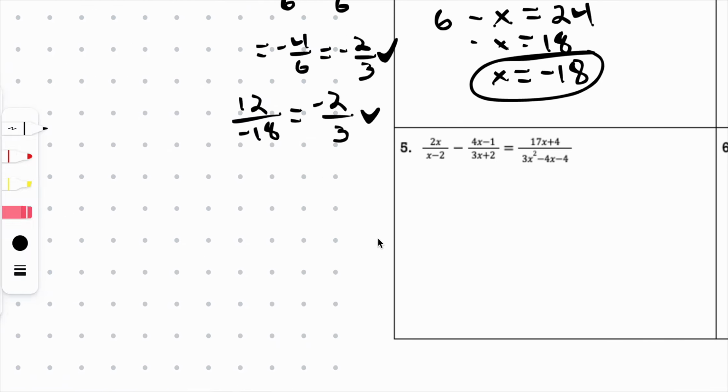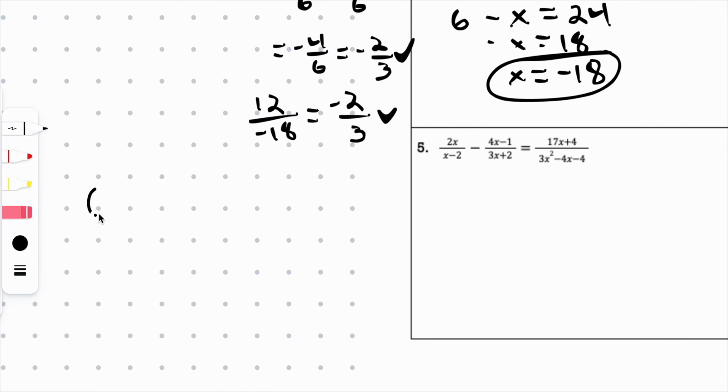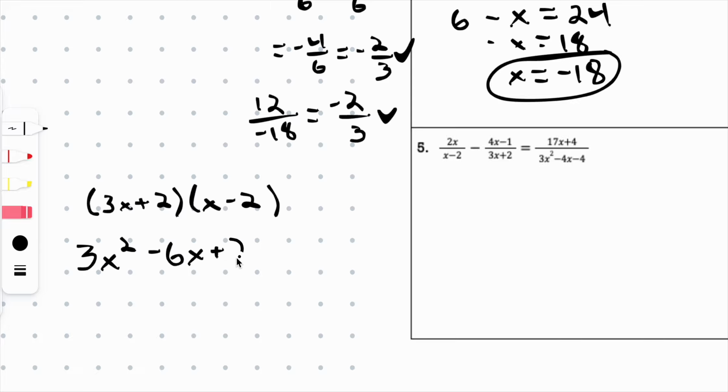Let's just check that. When we multiply 3x plus 2 times x minus 2, 3x times x is 3x squared. And then 3x times -2 is minus 6x. 2 times x is 2x. And 2 times -2 is -4.